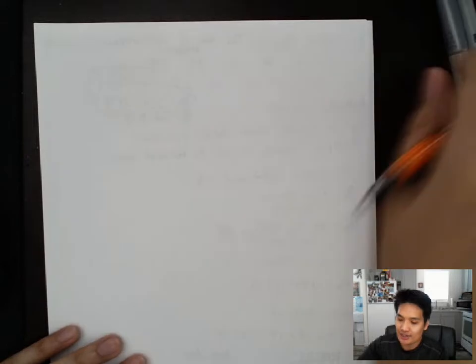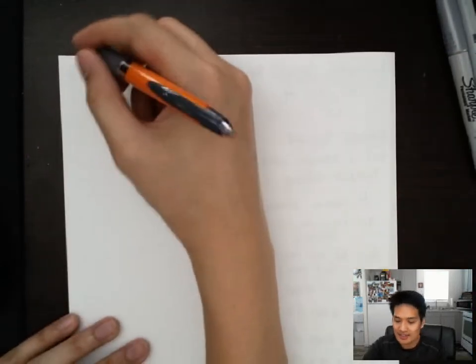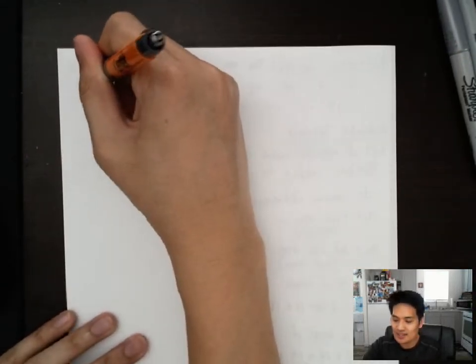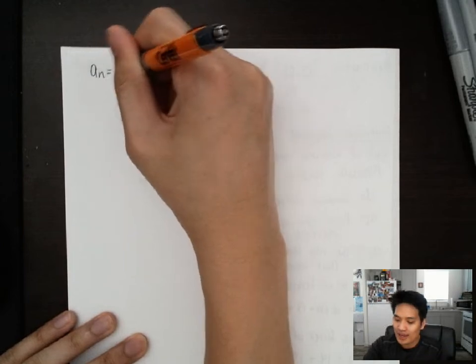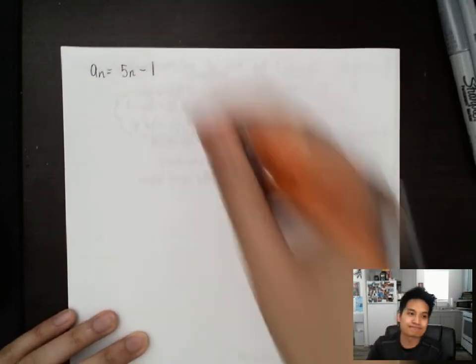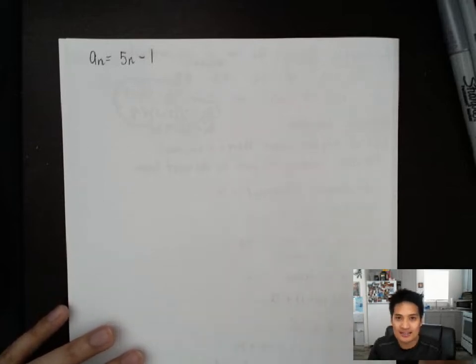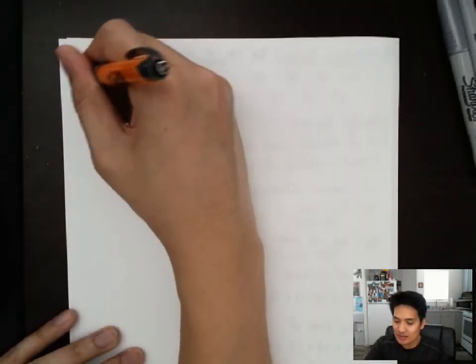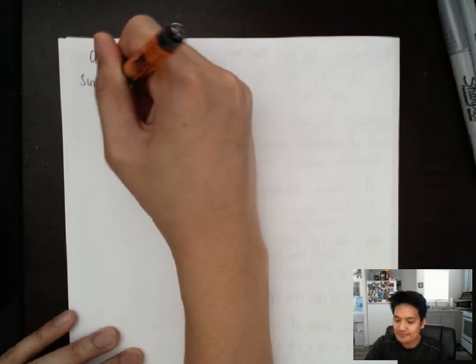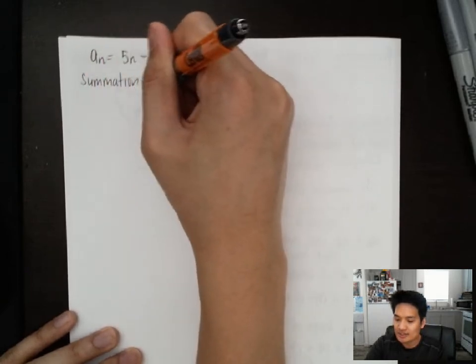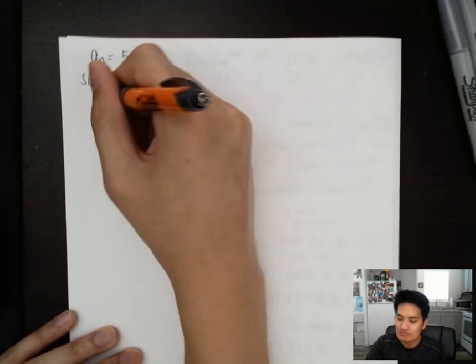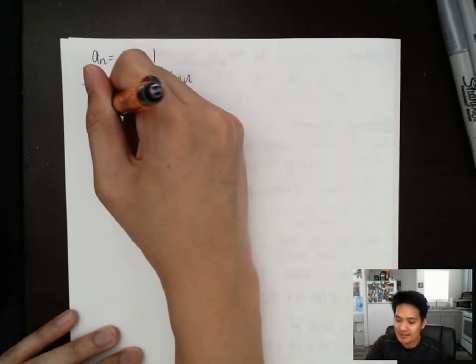One example here is earlier we figured out that the equation of that sequence was 5n minus 1. Okay, and one way we can visualize a series is through something called summation notation, where in this case it looks something like this.